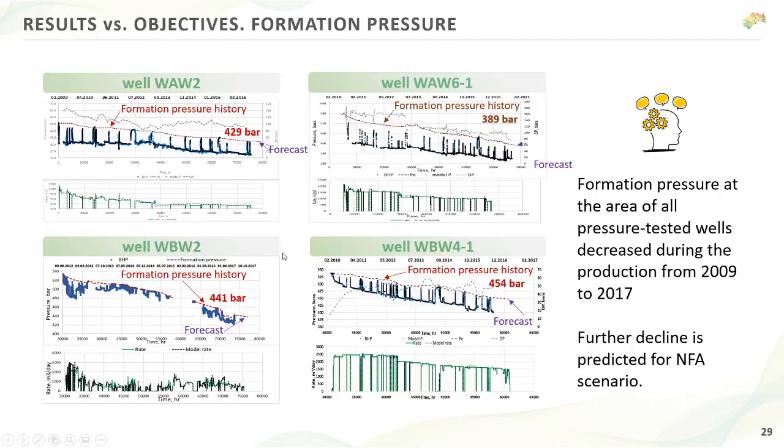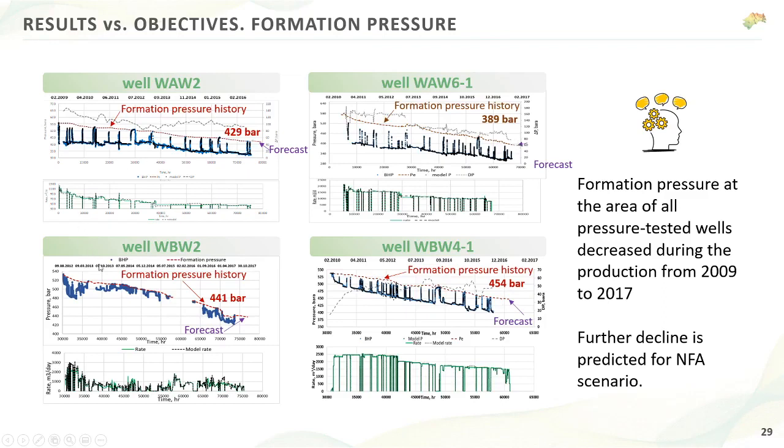So let's see the results. After we performed the MRT, we had two histories of formation pressure around each well. You can see that this particular well, number 6, has the deepest pressure decline and the highest depletion. As a matter of fact, it has the lowest transmissibility in this area, so probably it's just a local thing.